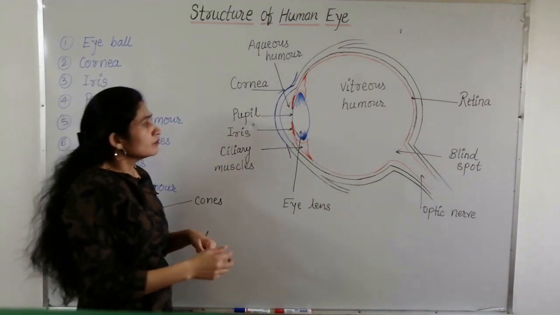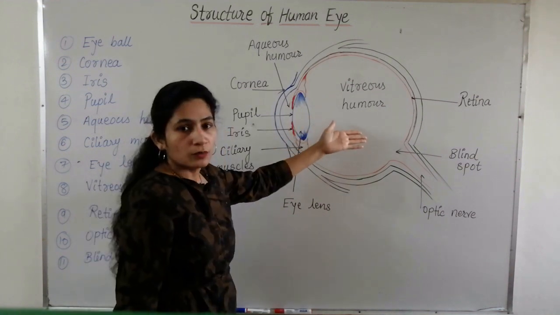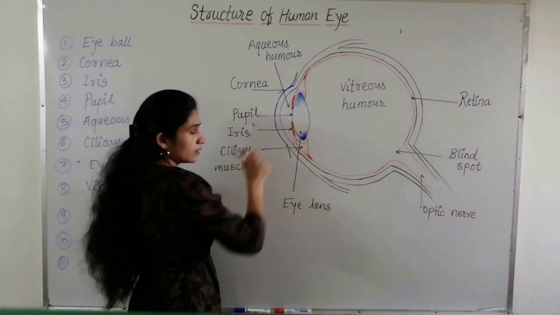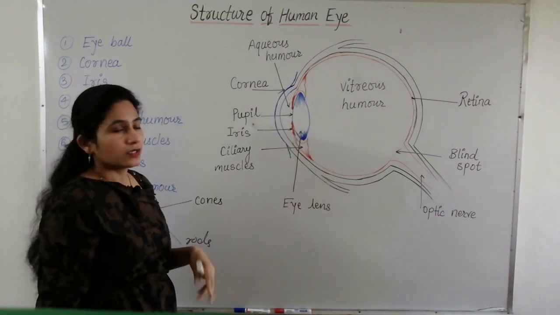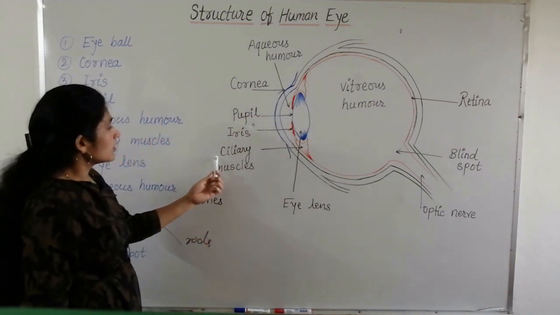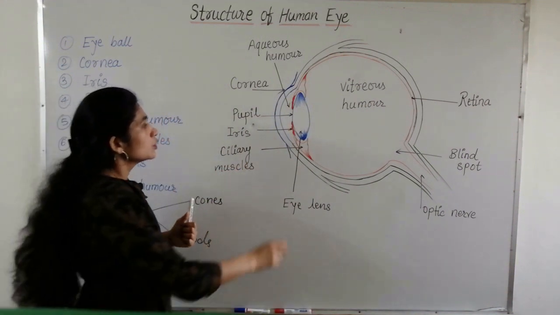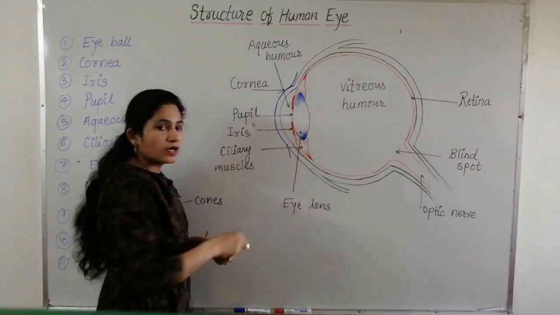But when we see a close object, a near object, like how I am looking at this board, the thickness increases so that I can see the near object clearly and the image forms on the retina. So the function of ciliary muscles is to decrease or increase the thickness of the eye lens.